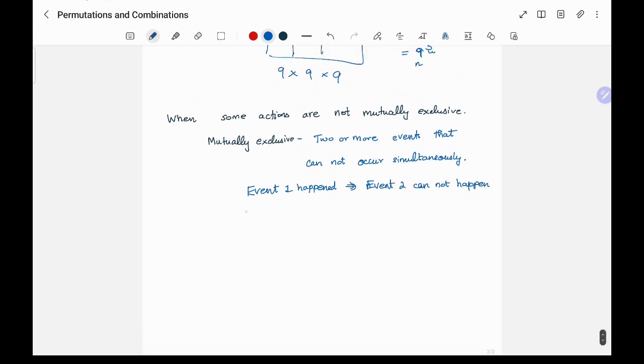For example, if we say sun rises in the east, then it implies sun cannot rise in the west or north or south, right? So that is what it means, mutually exclusive. Not mutually exclusive means if one event happened, the second event can also happen. So they are not mutually exclusive.